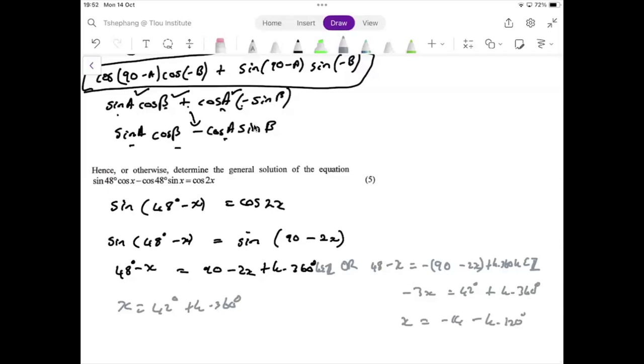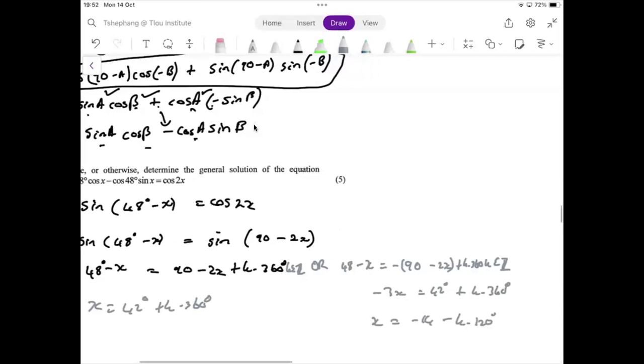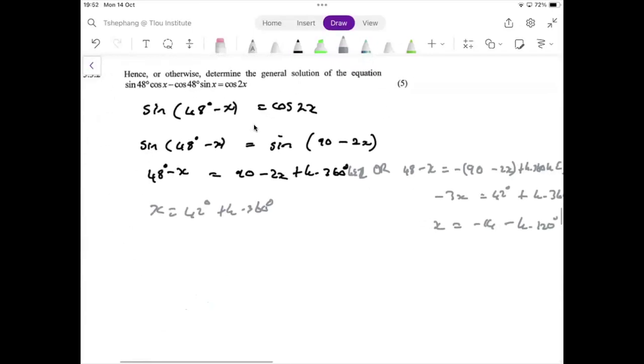If you divide throughout by minus 3, then k is an element of integers. If you used the cos side, that's perfectly fine. But I mean, some people would have gone this way. They would have said cos of 90 minus 48 degrees plus x is equal to cos of 2x. That will also work out.